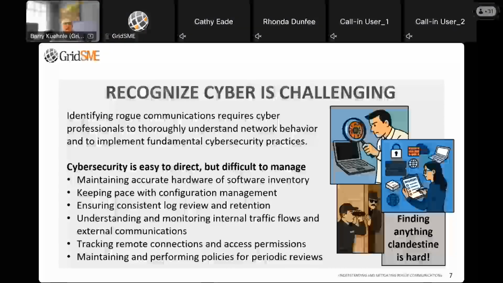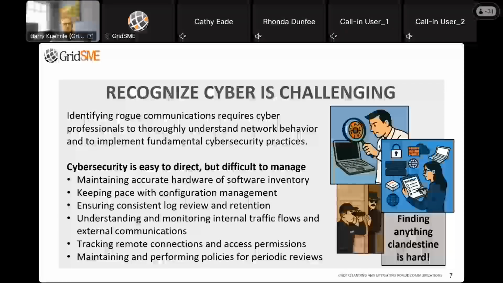But in the case of these rogue communications, it's probably one of the hardest things to identify. The reason is, one, if there's a covert or clandestine channel, because no one knows it's there, and it's going on a separate pathway, there's no way to really detect that unless you're doing special radio frequency scanning and things like that.